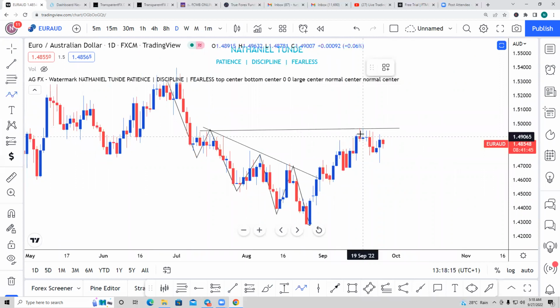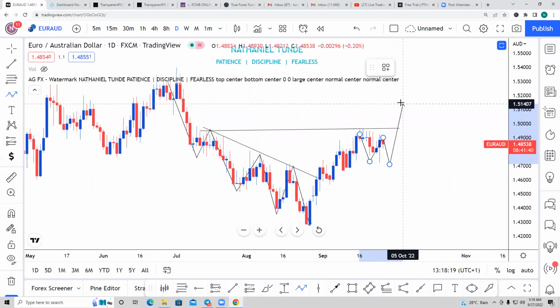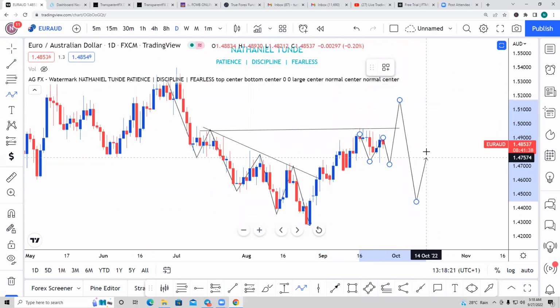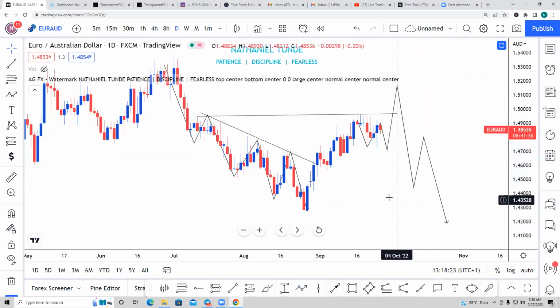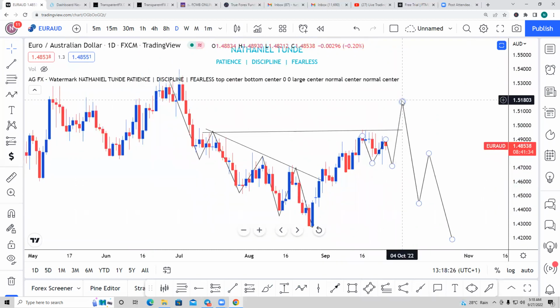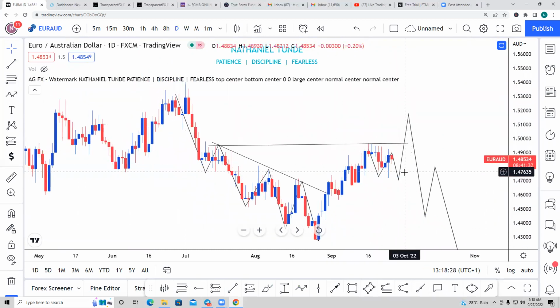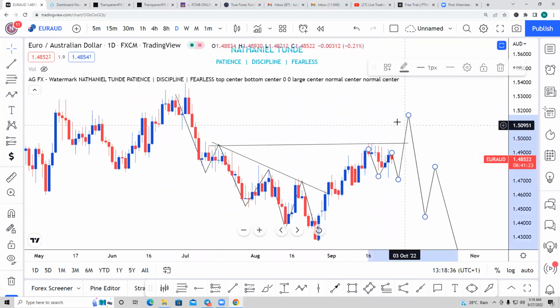The market would like to make a corrective structure here, break through this equal high, before making a move down: a correction, and a move down. This is how the market likes to move, guys. And by the time it breaks to the upside here, it will have made the 78% retracement of this massive move before we see another leg lower.